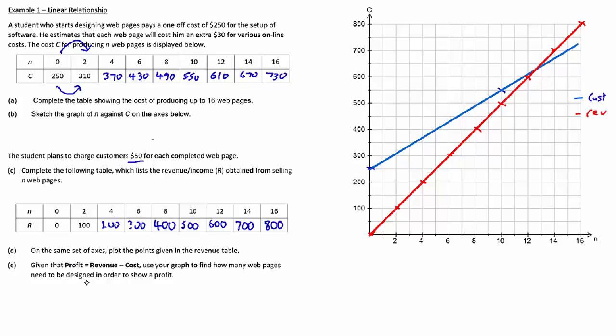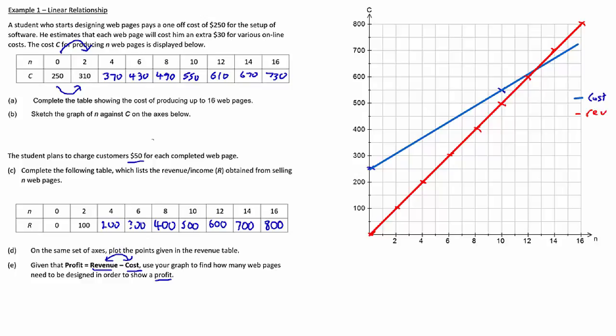Given that profit equals revenue take away cost, use the graph to find how many web pages need to be designed in order to show a profit. So revenue take away cost. So that's red take away blue on this graph. So to make a profit, so that this calculation is positive, it means that the red line needs to be above the blue one. Now it's certainly below at 12.